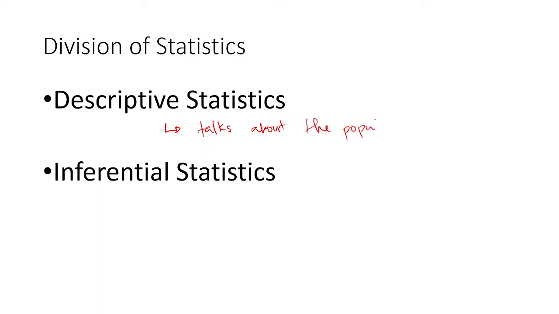Kasi ang sabi niya, it talks about the totality. Okay? So by population, it talks about the characteristic of the whole group of data.